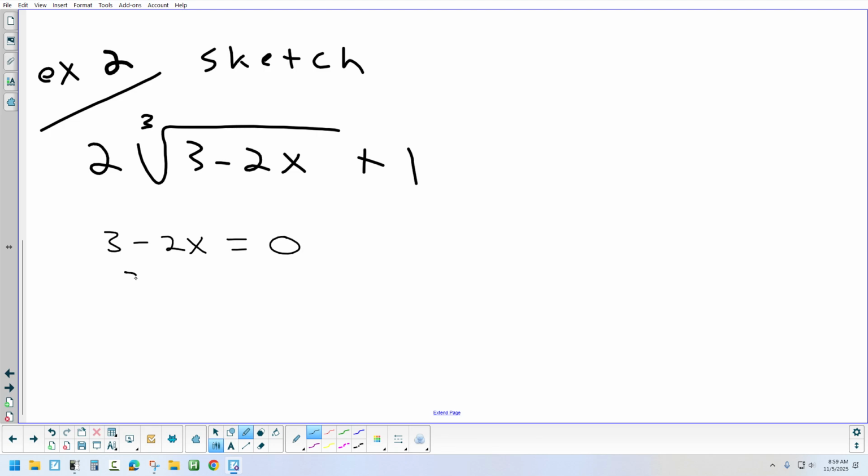So we'll add the 2x, and then the last step to get x by itself. So we're going to add the 2x to the other side, and then divide by 2. Okay, so we get x equals 3/2.